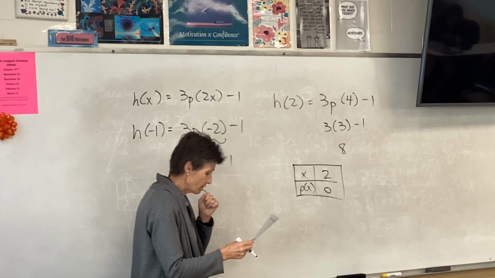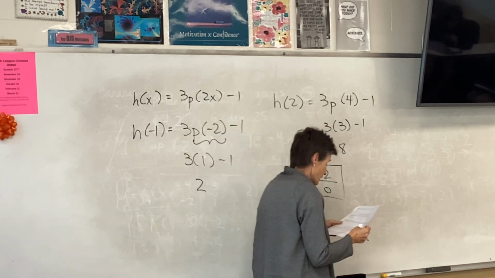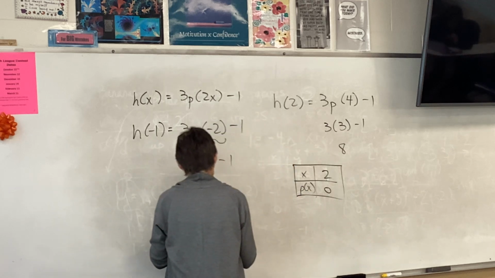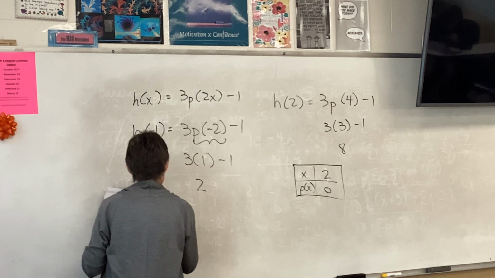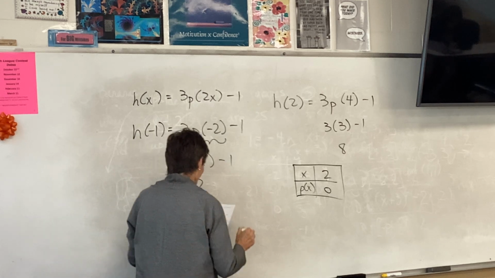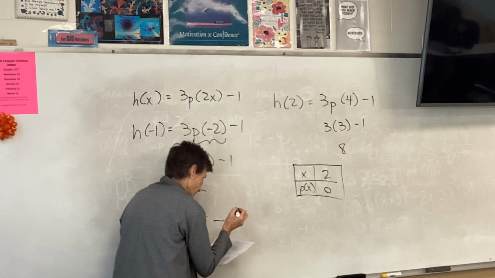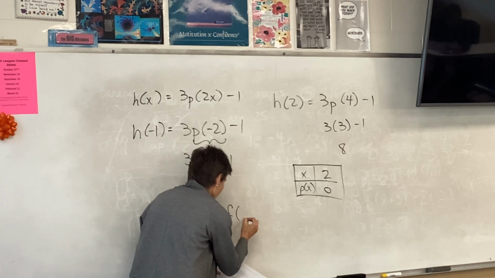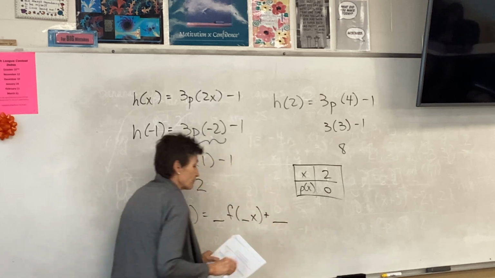All right, number 7. The function g is, you're doing it in this order, and you're going to write a new function. You're going to put a number here, a number here, and a number here.